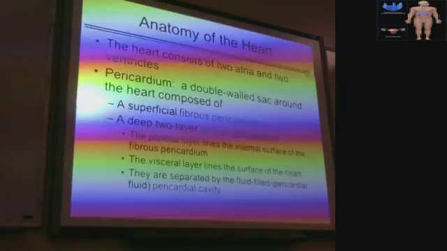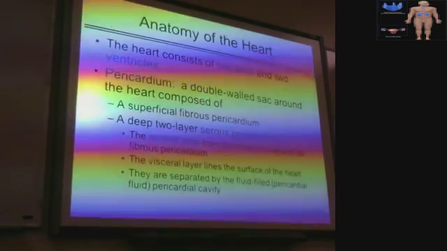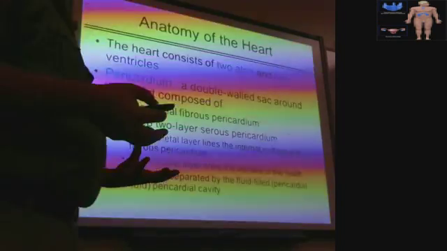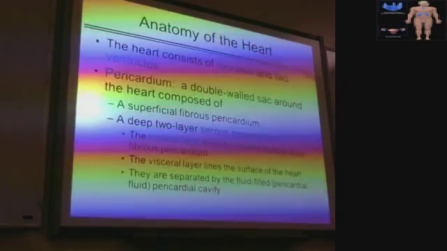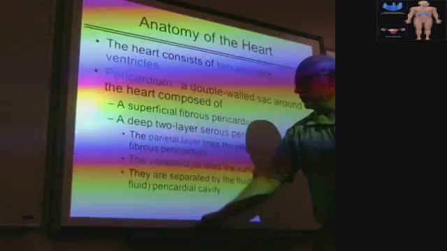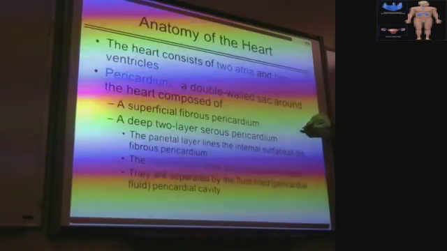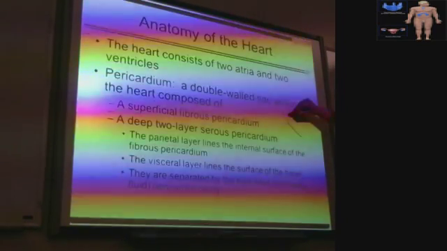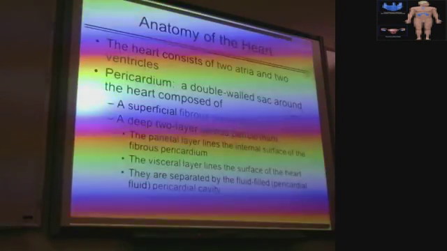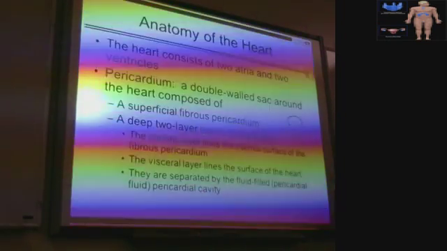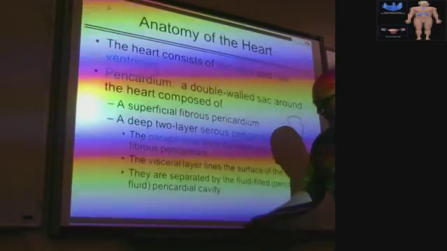The pericardium is a double-walled sac that surrounds the heart. Basically, the outer membrane of the heart would be the pericardium. So if you have your little heart here, you've got an outer coating on it, and it's in multiple layers, called your pericardium.